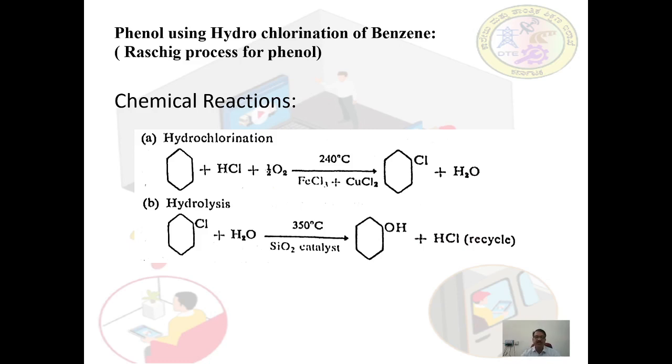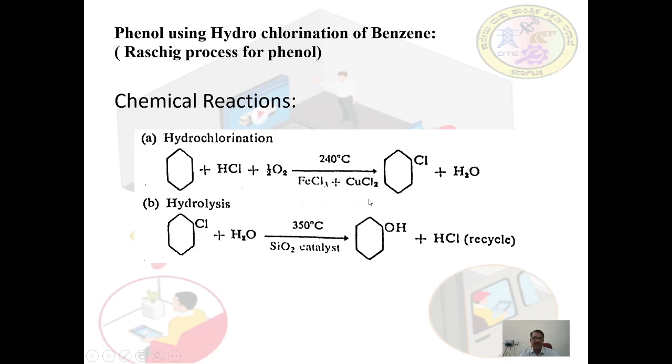Here benzene is chlorinated with hydrogen chloride and oxygen at a temperature of 240 degrees Celsius in presence of ferric chloride and cuprous chloride as catalyst to monochlorobenzene.